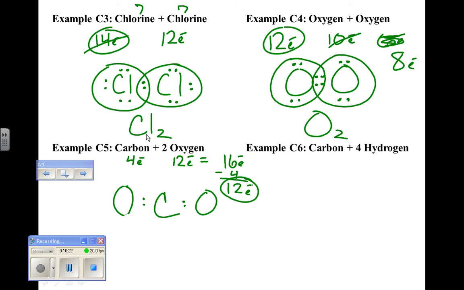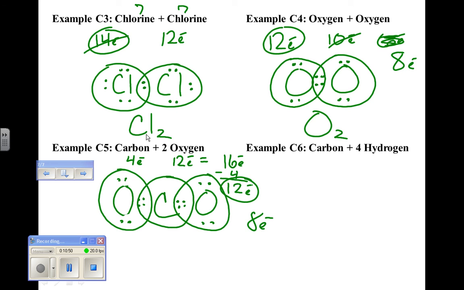So, I just used 4 more. So, I have 8 left. So, 1, 2, 3, 4, 5, 6, 7, 8. And I have 2, 4, 6, 8, 2, 4, 6, 8, 2, 4, 6, 8. And what's my formula?